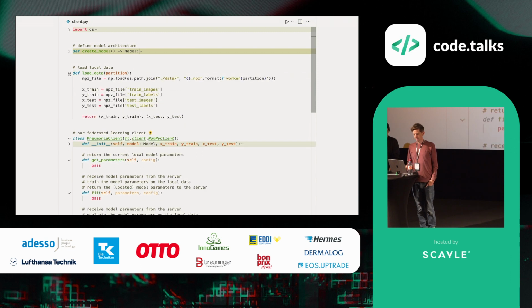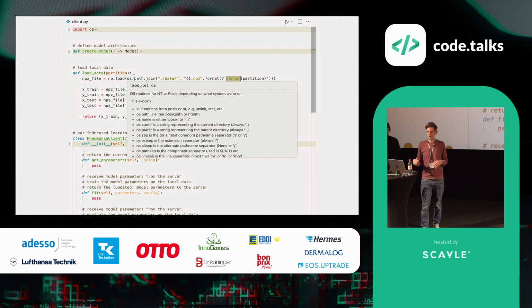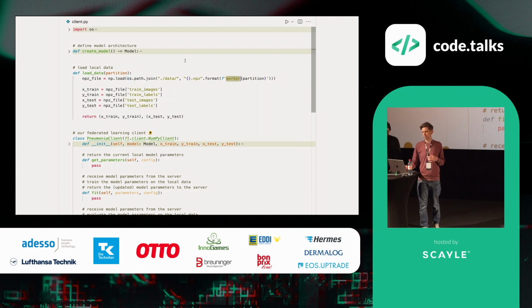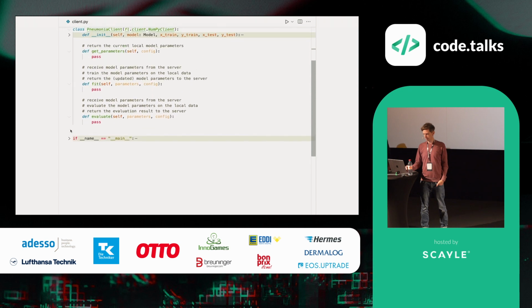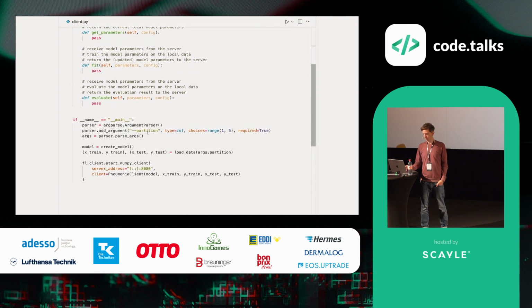And I need the local data. So here I have a partition parameter, and I have 4 worker files that I can load with the 4 hospital data. So this function is just loading the data regarding the partition. So I will start clients for the partitions 1, 2, 3, and 4. And looking at the main code, here I read just the partition parameter.